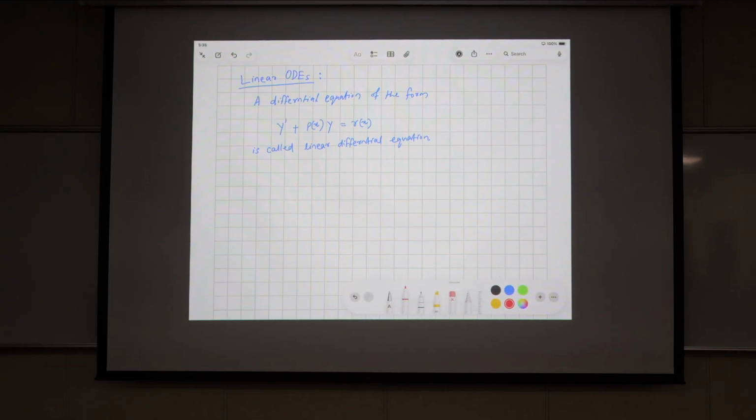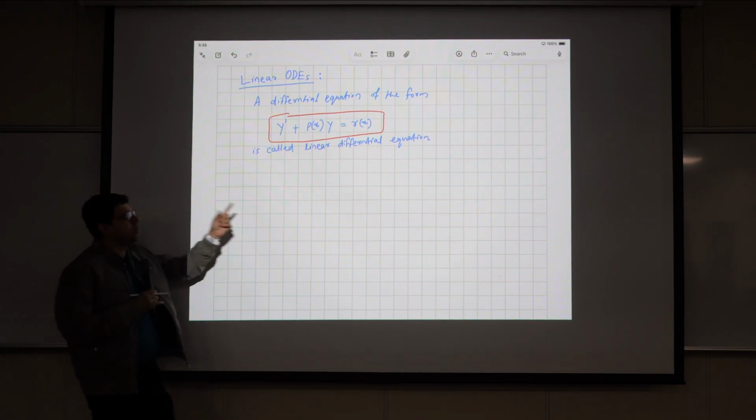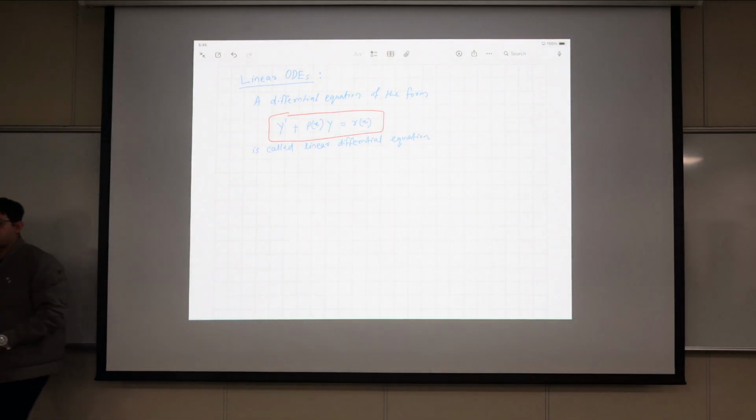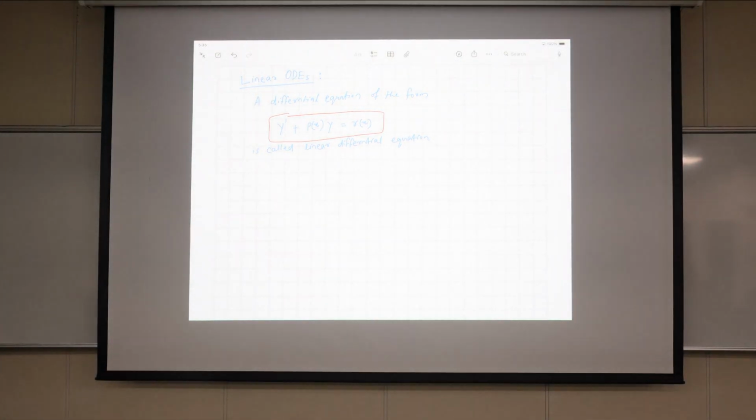So important that this is a linear differential equation. Any equation that is in this particular form, y dash plus p(x) y equals r(x), then we call it a linear ODE.